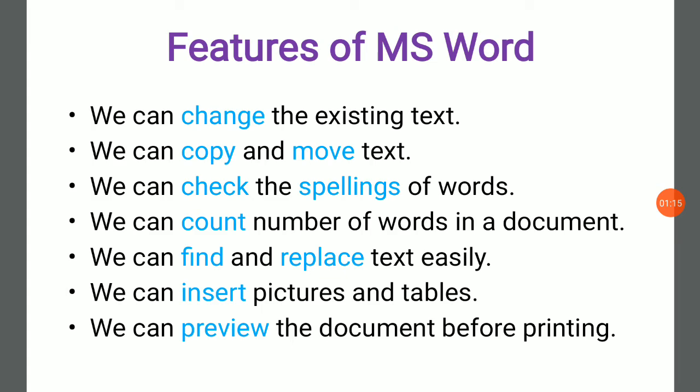Fifth, we can find and replace text easily. Sixth, we can insert pictures and tables in the document. Last, we can preview the document before printing. These are the main features of MS Word. Let's move ahead.